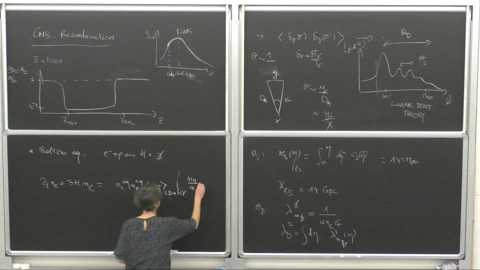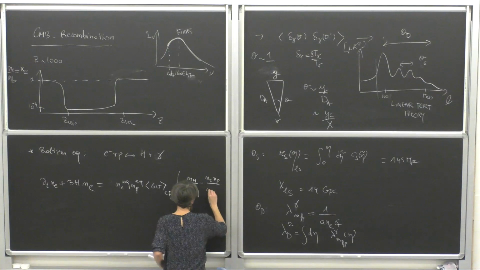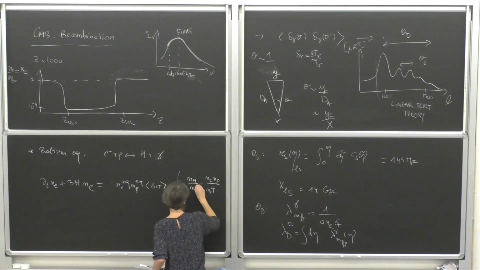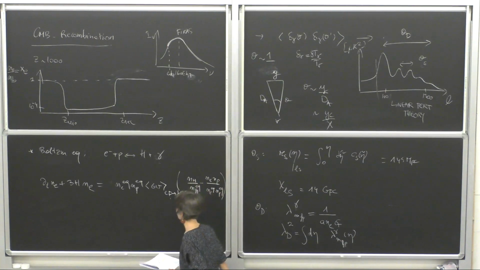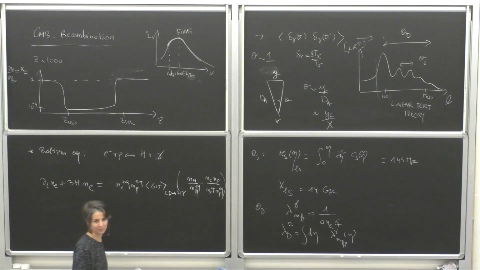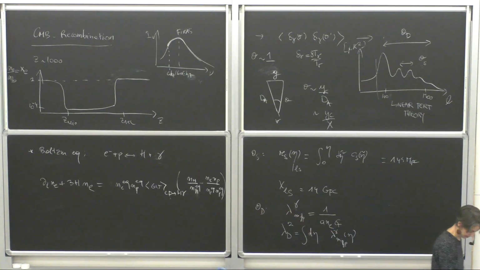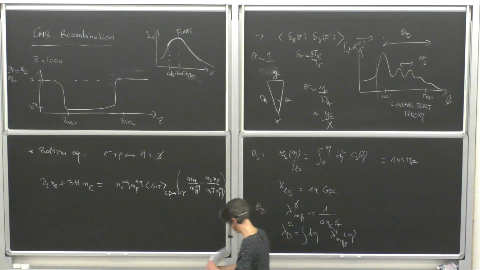This is why they don't appear in this equation. And then I have the number of electrons, the number of protons, and the number of protons at equilibrium, for exactly the same reason as I did for dark matter. This is my evolution equation for the number density of electrons at the time of recombination.